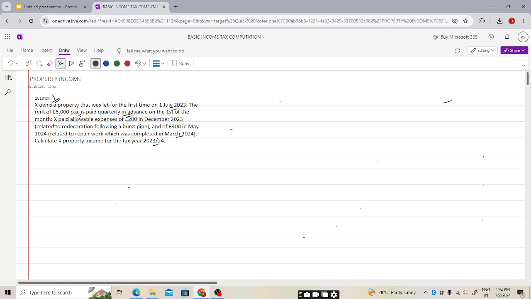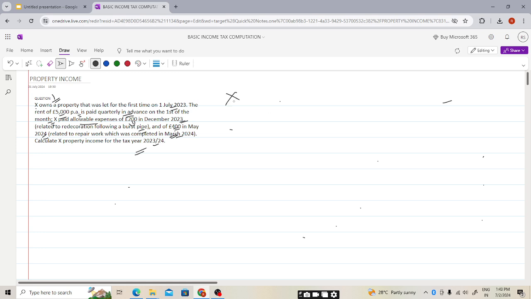It is yearly. X paid allowable expenses of 200 in December 2023 related to redecoration following a burst pipe, and 400 pounds in May 2024. This 200 was for the burst pipe, and the 400 in May relates to repair work which was completed in March 2024. Calculate X's property income.